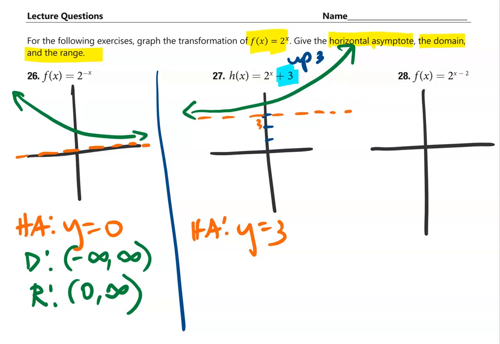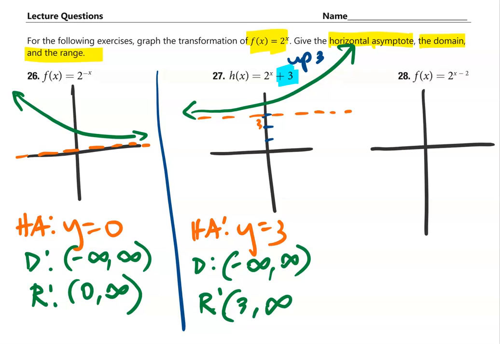Here, what is the domain and what is the range? The domain, again, left and right, from negative infinity to positive infinity. And your range: you have a horizontal asymptote at 3, so it won't touch 3, so everything is above 3, from 3 up to positive infinity.